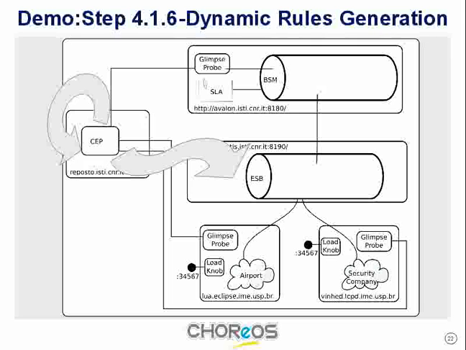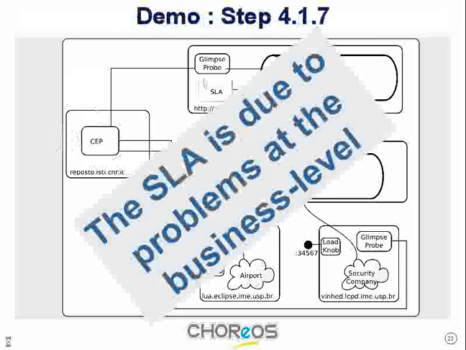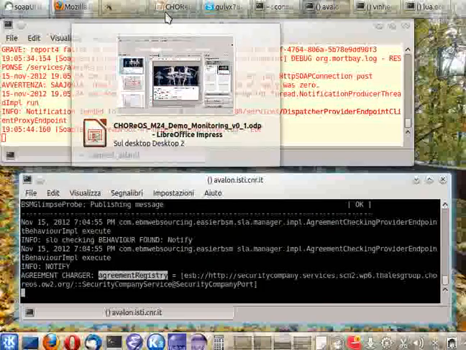In this first scenario, we assume that there are no such events coming from the infrastructure level. So in the end, the CEP will infer that the SLA violation is probably due to problems at the business level, so maybe a wrong implementation or a wrong deployment of the service, but nothing that has to do with the status of the infrastructure. So let's go to the code.